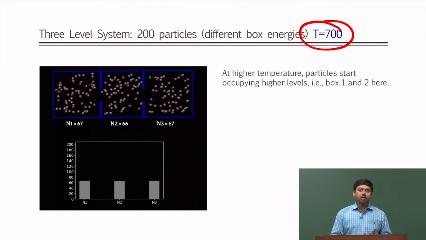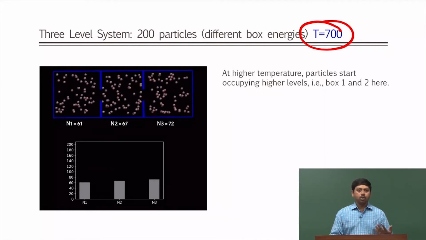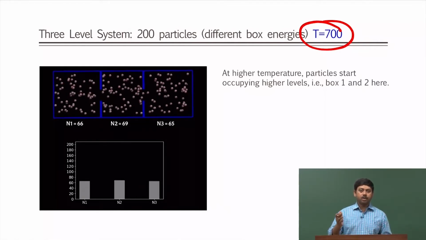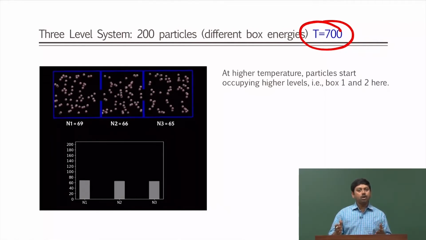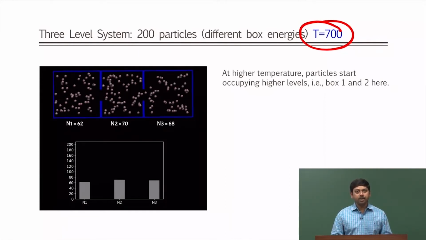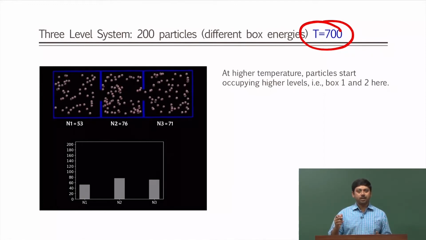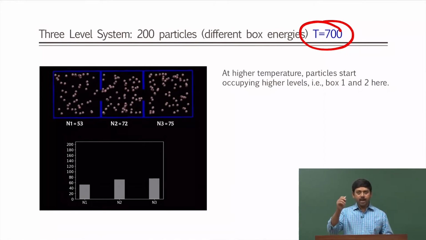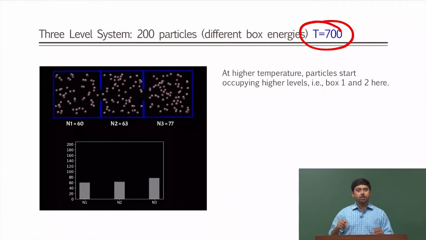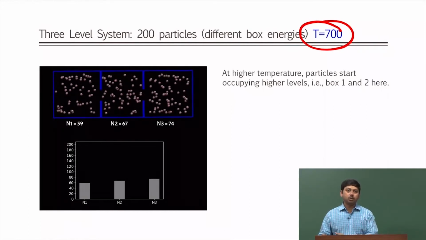Now, stretch your imagination further and take it to a very, very low temperature. What do you expect? When you go to even lower temperatures, the differences will keep on increasing, and if you go to almost 0 Kelvin, the difference will become infinite. So, e to the power minus 1 by 0 means e to the power minus infinity, which means that other boxes should not have any particles, and everything will collapse to one level.